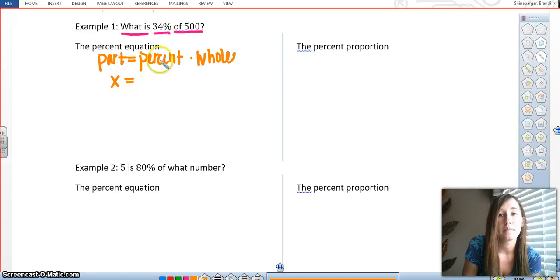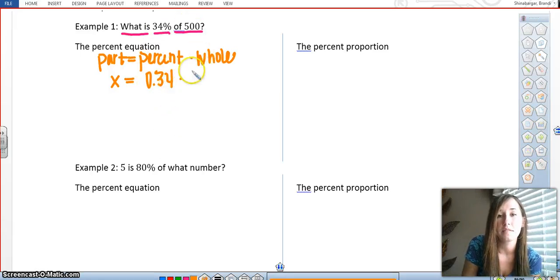We know the percent. Now, we can't just put 34, because 34 isn't the same as 34%. So we're going to have to either choose to write it as a fraction or a decimal. Now, most students would choose to write a decimal instead. I think most students would rather not deal with fractions. So we write 34% as a decimal, we would write 0.34.